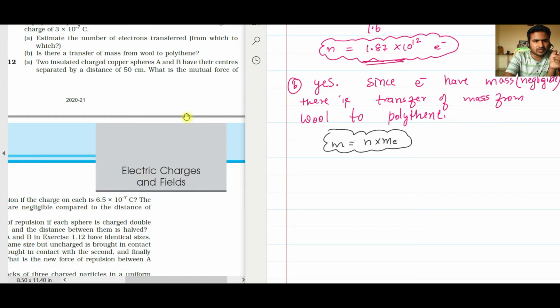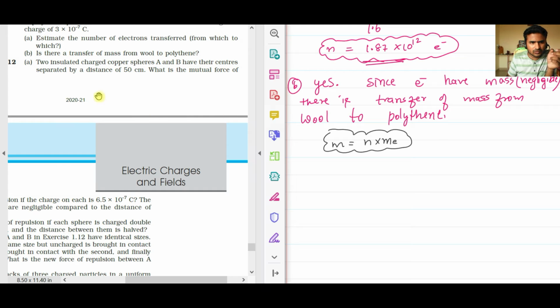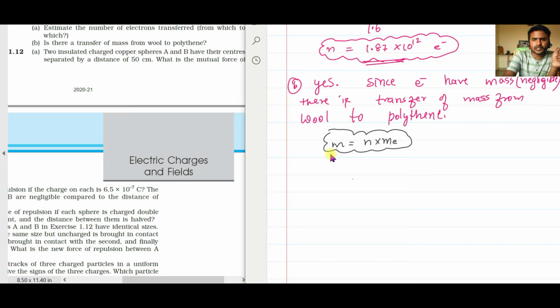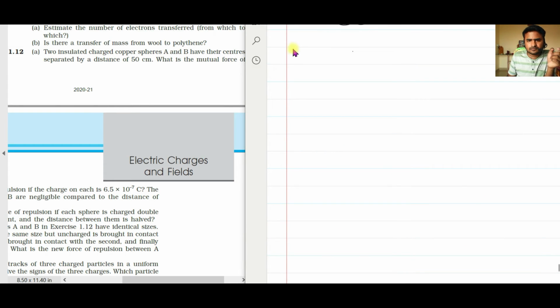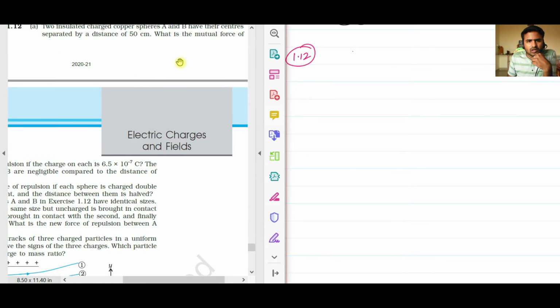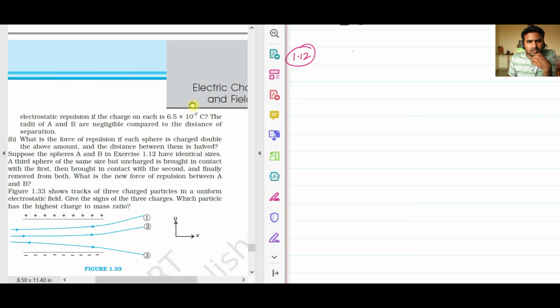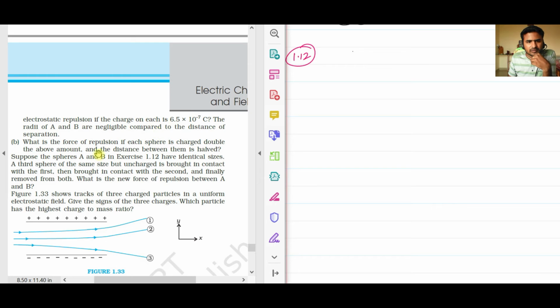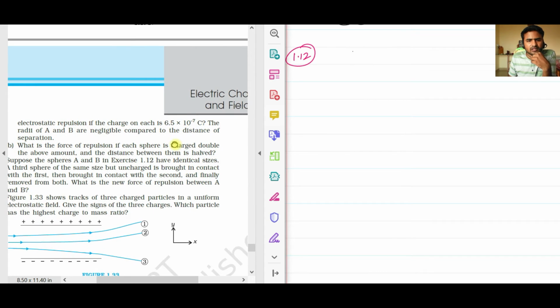Now we'll move on to the next question, which is question number 1.12, the 12th question. It says, two insulated charged copper spheres A and B have their centers separated by a distance of 50 centimeter. What is the mutual force of electrostatic repulsion if the charge on each is 6.5 into 10 to the power of minus 7 coulomb?